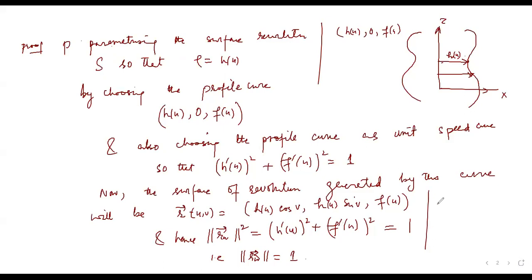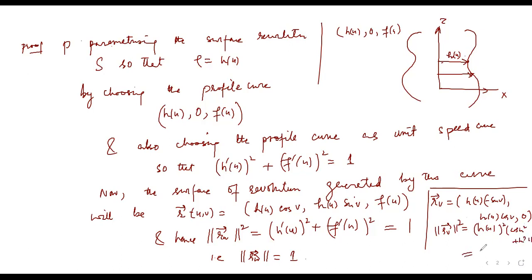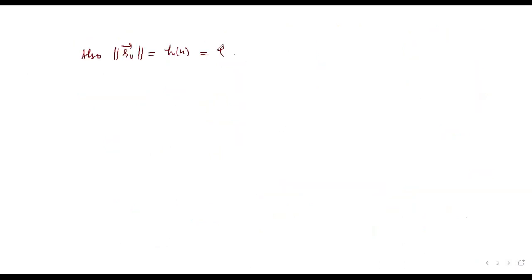Also, अगर ये मेरा है, what is r_v? r_v का length हो जाएगा h of u, that's equal to rho. जो तुम check कर सकते हो, मतलब इसको differentiate किया partially with respect to v, so r sub v जो होगा वो बन जाएगा, h of u ऐसे ही रहेगा, you would have minus sine of v, h of u cos of v, 0, और अगर तुम इसका खुद के साथ dot product लोगे यानी r_v का square बराबर होगा h u का square times cos square v plus sine square v, that's equal to h u square, which is equal to rho square. मेरे कहने का मतलब है you get this thing.